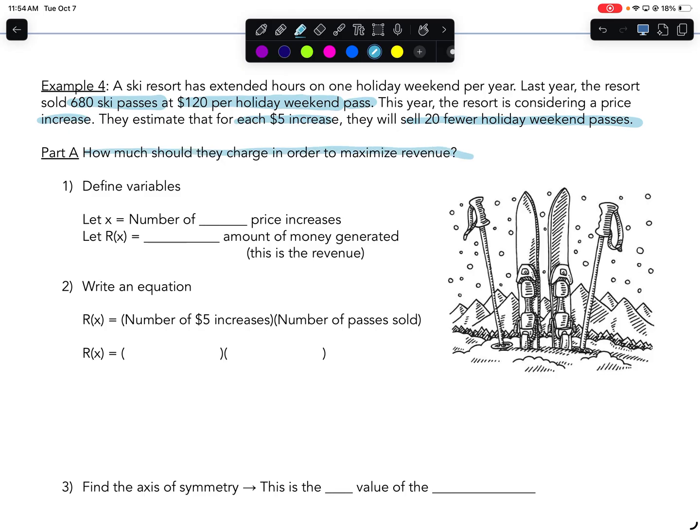So to maximize revenue, we're going to have an upside down parabola, and it'll be the vertex of the parabola. So if I say x, it's the number of what price increases? What are they going to increase the price by? $5 increases. Okay? So the revenue is $120. It's the amount of money generated. That's the revenue.